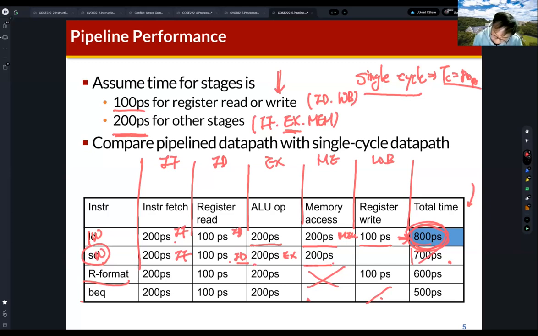In a single cycle processor, we assume that one instruction can be assigned to the processor every clock. How about the pipeline architecture?